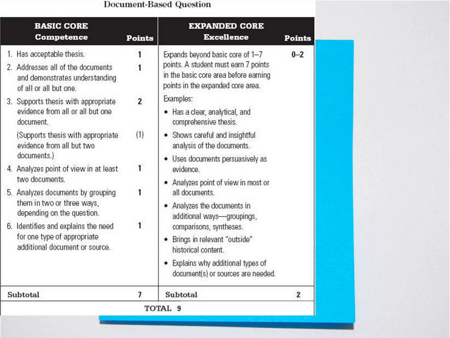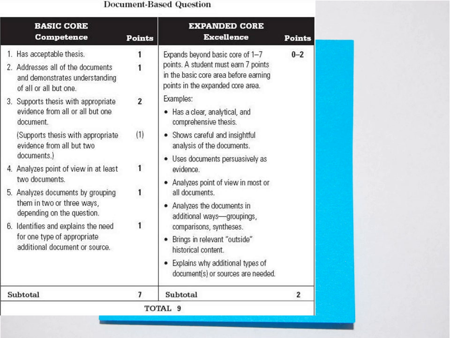And explain why additional types of documents or sources are needed. That last one, explain why the additional types of documents are needed. You need to be doing that anyway. You can't just say, oh, a graph about how many people died in World War II is helpful. That would not really answer the question.